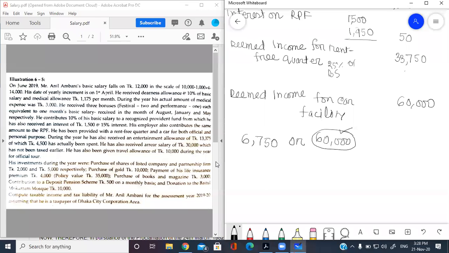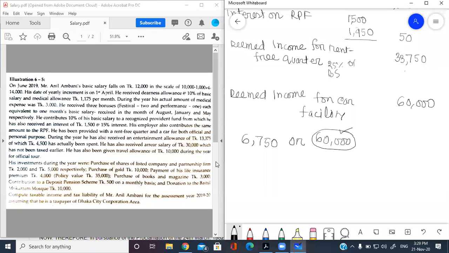We discussed perquisites, like membership of a golf club or the Dhaka club, or a facility like a rent-free quarter. It can be monetary, non-monetary, or in-kind. But why are we writing deemed? Because it is not actually income, it is part of a facility.